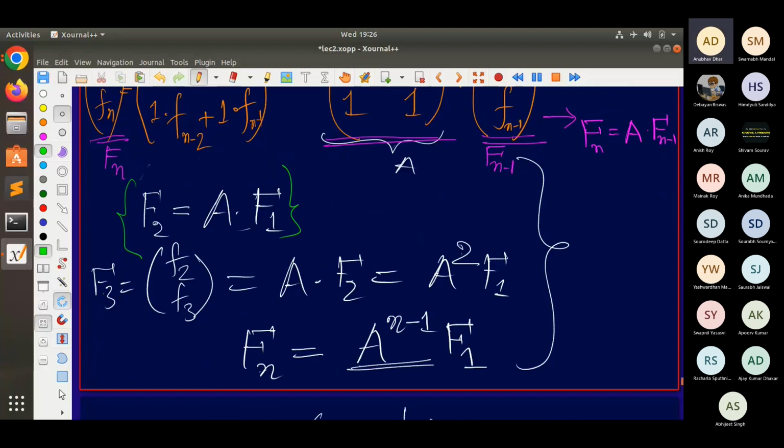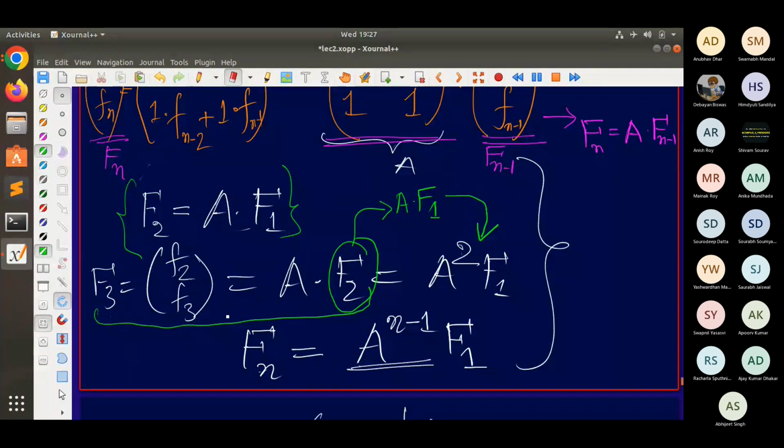And now I just increased it from n equal to 1 to n equal to 2. So I got this formula. And then I wrote this as A into F1. So putting that over here, I get this A squared times F1, right? Is there a problem with this? Yes. Fine.